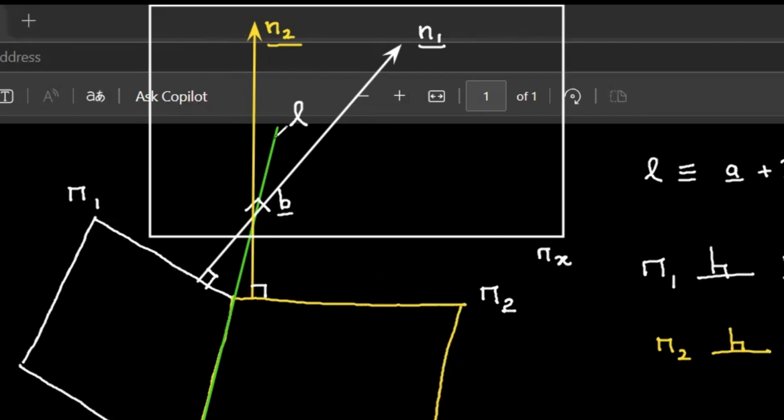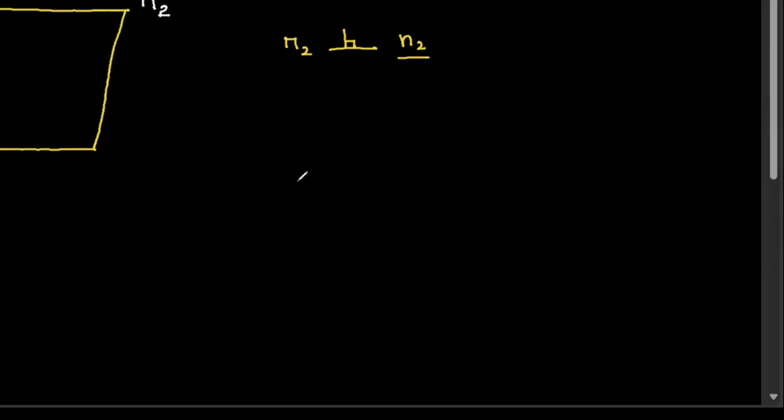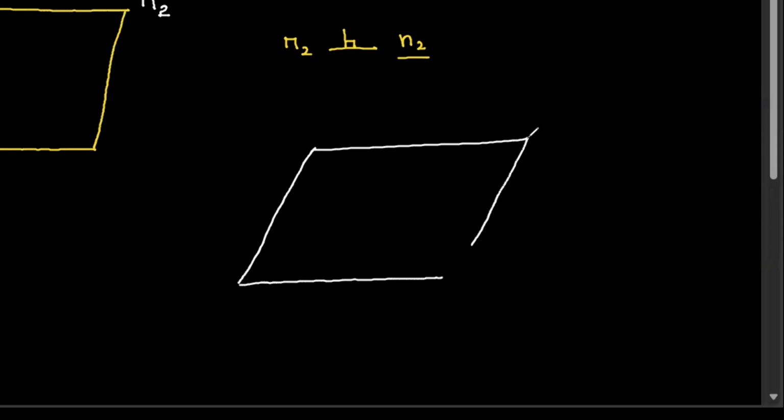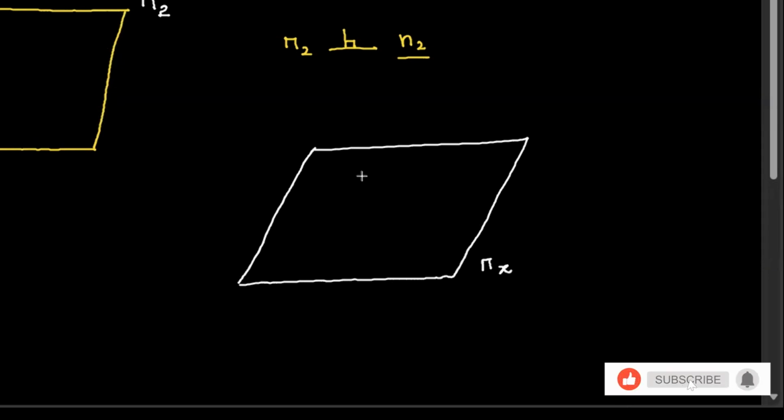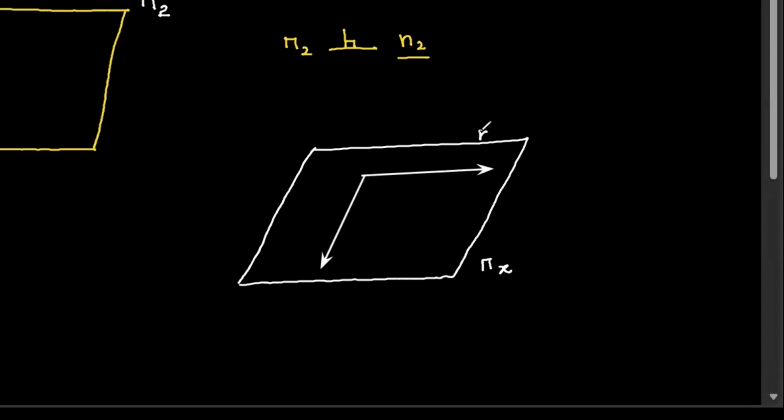The n1 and n2 lie in the same plane pi x. So if this is n1, this will be n2.